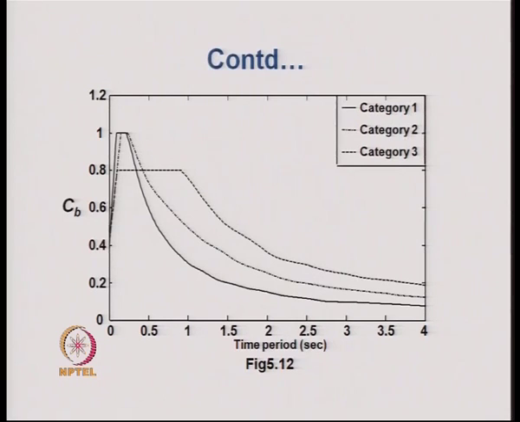Here the Cb versus time period curve is shown for category 1, 2 and 3, and one can see that for category 1 the value is less, whereas for category 3 the value is more, and they are for the hard, medium and soft soils. So, the Cb versus time period curve varies with the soil condition.